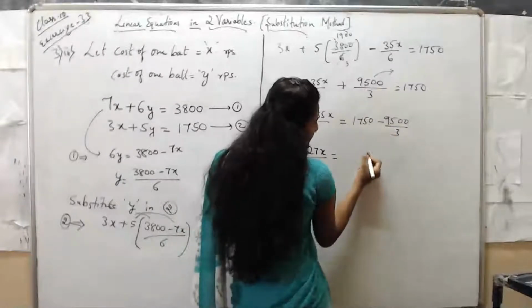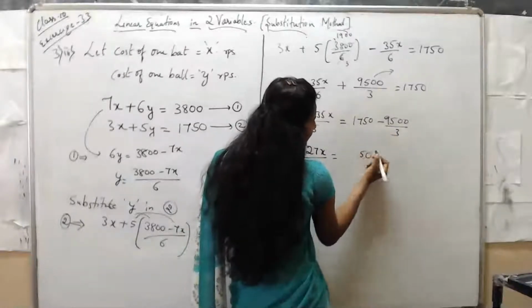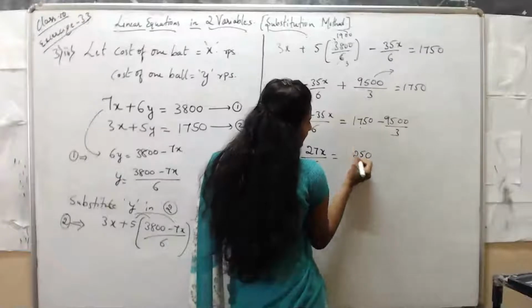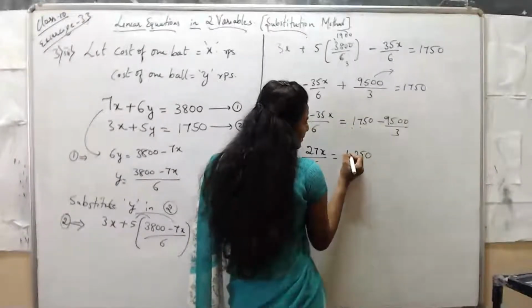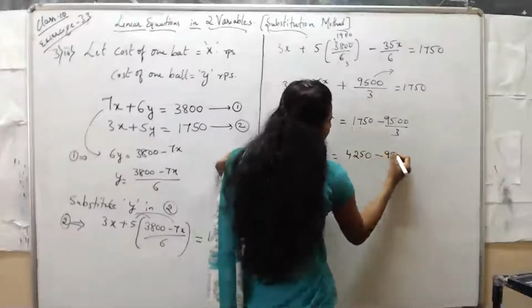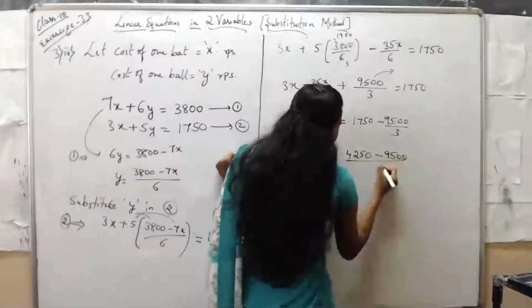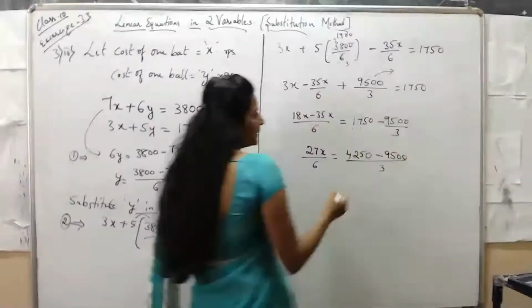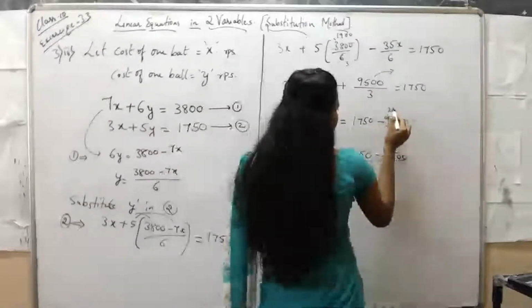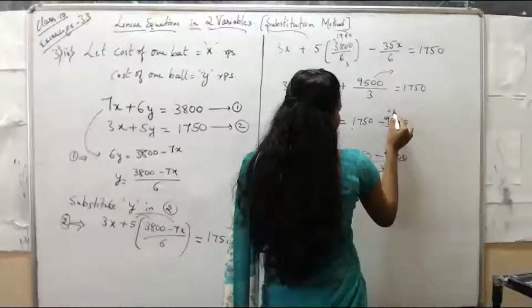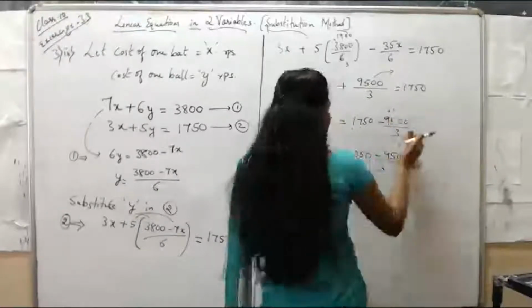It comes 3 fives are 15, 7 threes are 21 plus 1, carry 2, 3 ones are 3. If you simplify you will get the answer, don't worry. Divided by 3. Okay, let me check. 3 ones are 3, 3 threes are 9. No, it's not divisible.